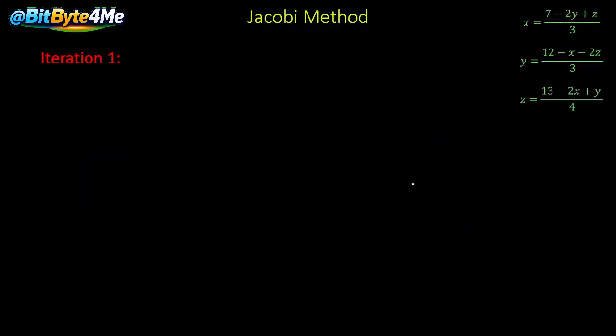In the first iteration, first of all take x equal to y equal to z equal to 0. We always start from 0 values.